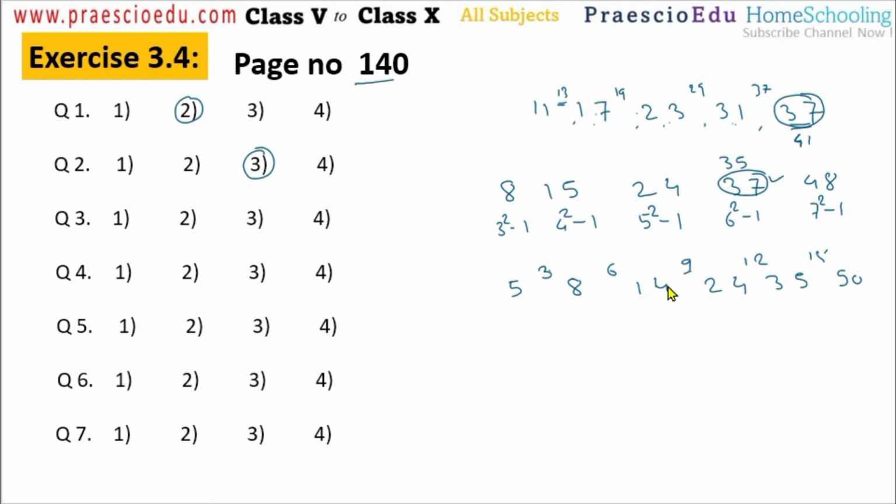But here 14 plus 9 means 23 should be there, but here 24 comes. So that's why this 24 is a different term, and this is given in option number 3.